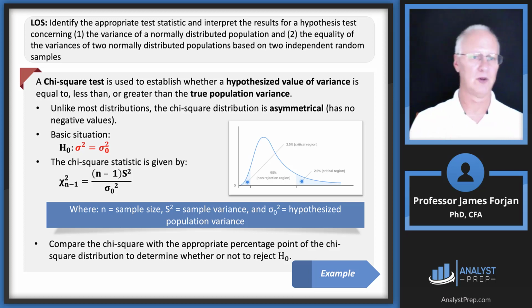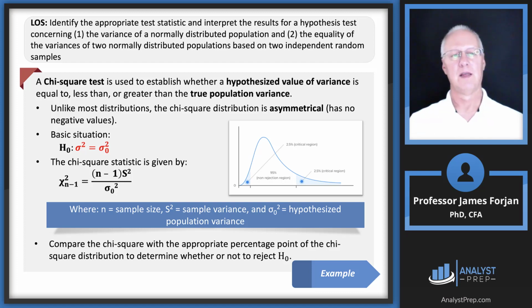So there's our null hypothesis, that the sample standard deviation, or in this case variance, right, because it's squared, is equal to the population. Now, when the underlying data follows a normal distribution, which we think it does, right, then when we test the variance, it's appropriate to use the chi-square test.